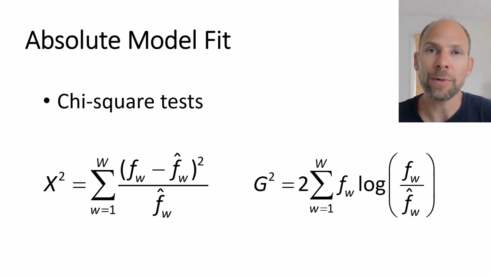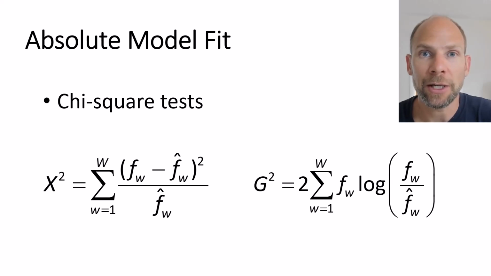Now in practice, we have the problem that oftentimes we are looking at many items in an LCA, or a relatively large number of items, and we do not have such large sample sizes. And then we might run into the issue of data sparseness, because when you have, let's say, 10 or 12 items, there are already a lot of different response patterns that could be observed under a given model, and then the pattern frequencies may not be so high, which could then jeopardize the results from chi-square statistics.